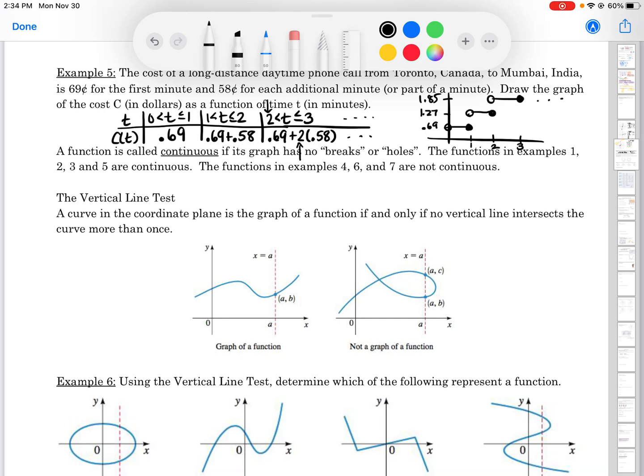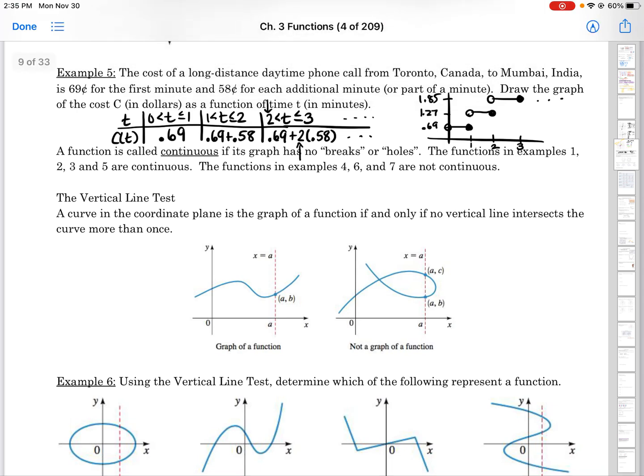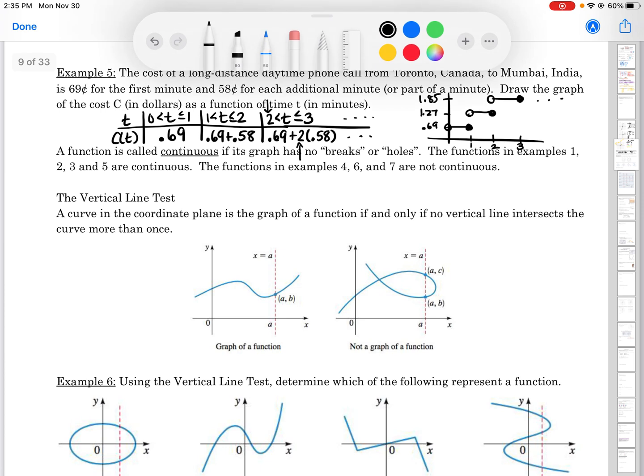So we have two different kinds of functions when we're describing them. We can have continuous functions or we can have discrete functions. And really this is not considered a continuous function, the step function, because we have these gaps, whereas continuous functions should have no breaks or holes in them whatsoever. Here I'm seeing I've got these holes.